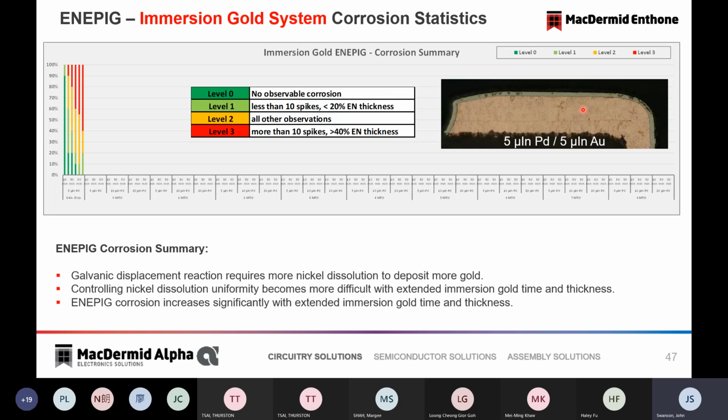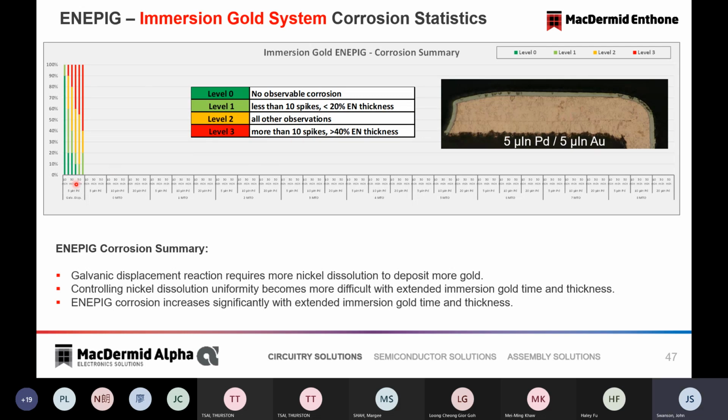So I believe I'm near my final slide, and to hopefully make a final point about these kinds of systems, it's really focused on ENEPIG. If we look at corrosion, and if we were to measure corrosion from an immersion system in a challenging environment, and take a photograph, you see this kind of more extreme corrosion.